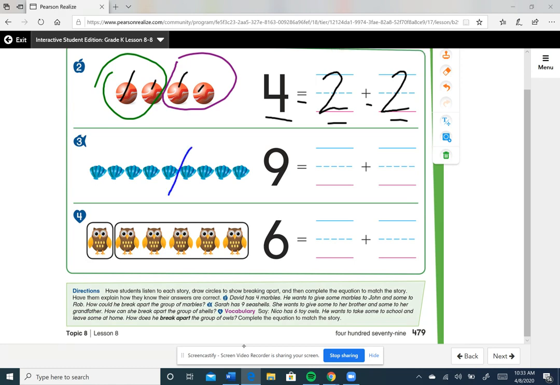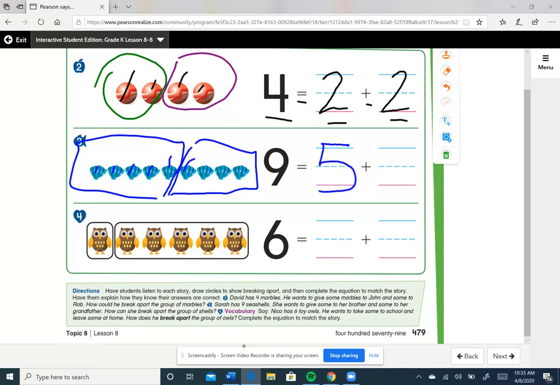So remember, we need 2 groups, and I'm just going to pick a line and make it, and we'll see how many I have. 1, 2, 3, 4, 5 in the first group. 1, 2, 3, 4 in the second group. 9 equals 5 plus 4.